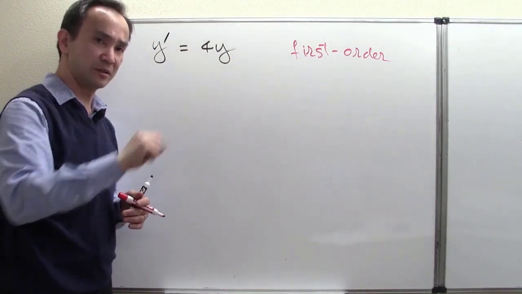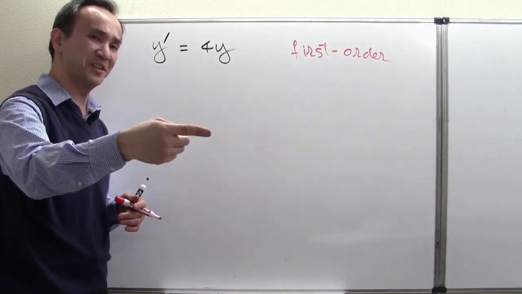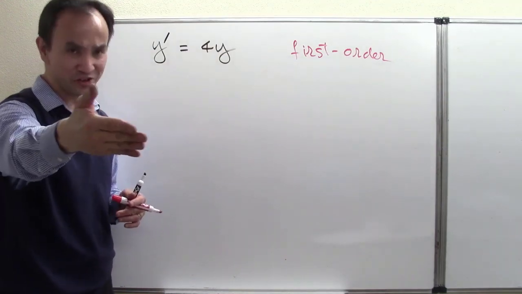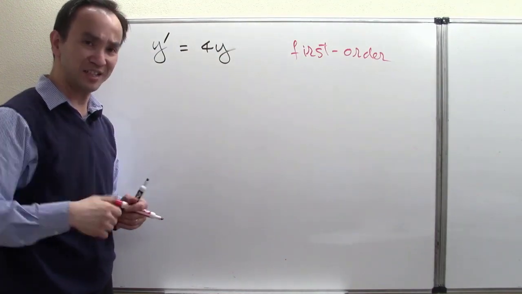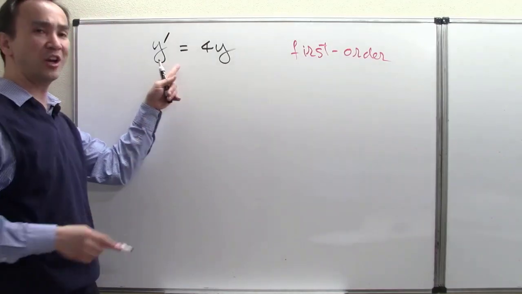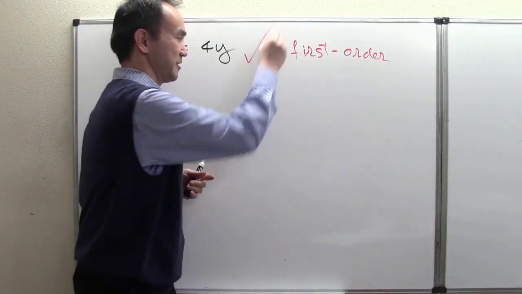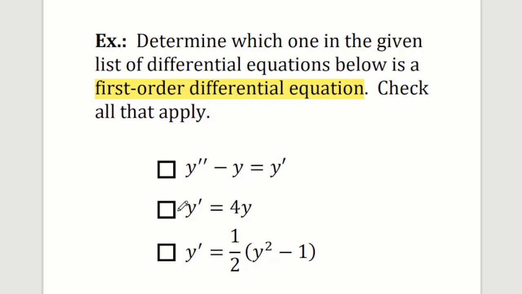The instruction says to determine which among the given equations are classified as first order, and this one qualifies. We put a check here. So this one is a first order differential equation.